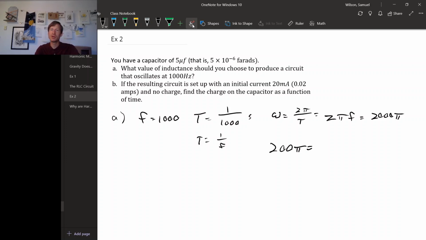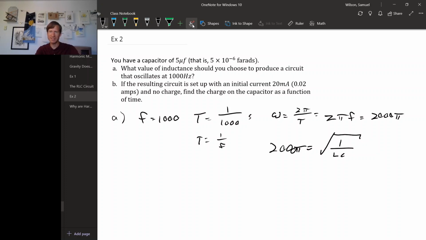But remember, when you're working with a capacitor and inductor, omega is the square root of 1 over LC. We can rearrange this to find LC.